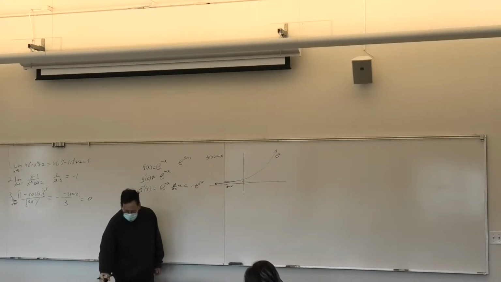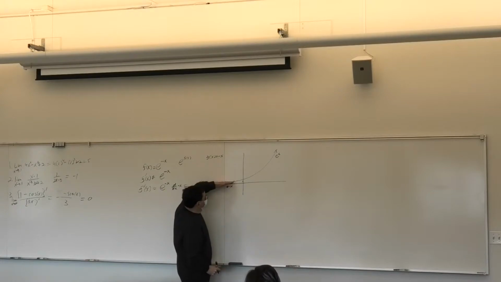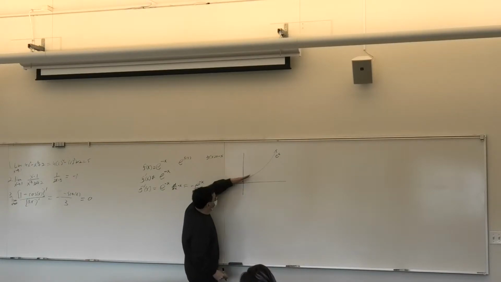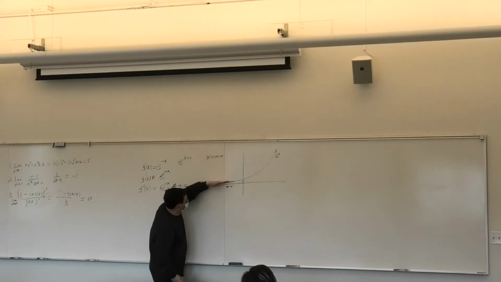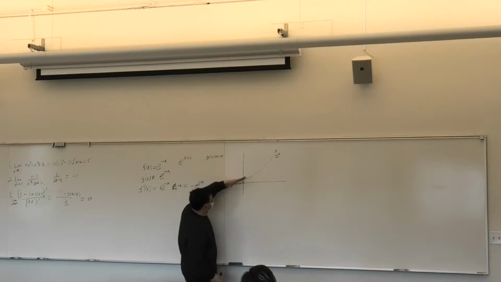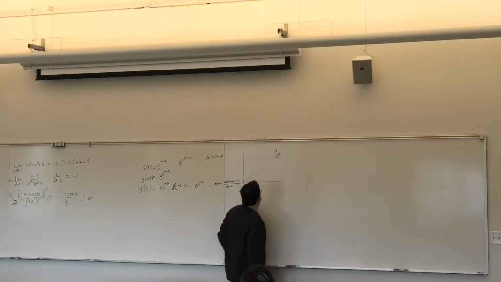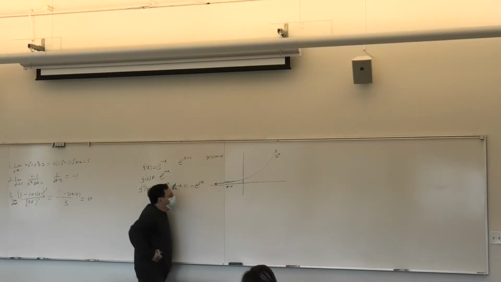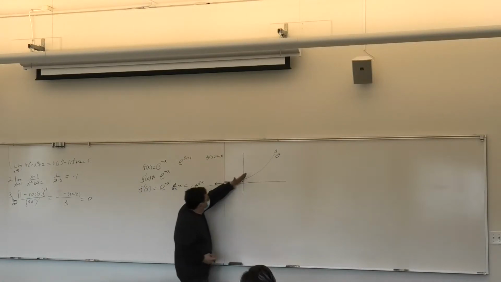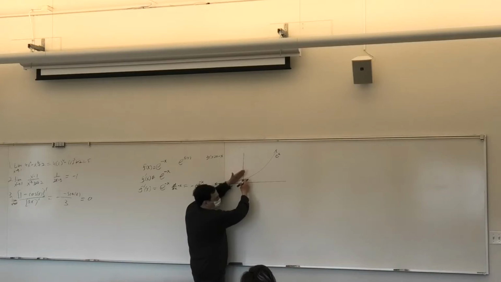Now, if you look at the slope here, it makes sense. As you get further and further down, the slope gets closer and closer to 0. As you get further and further up, the slope increases. And at this point, you can see I didn't draw it right. The slope will actually be 1.